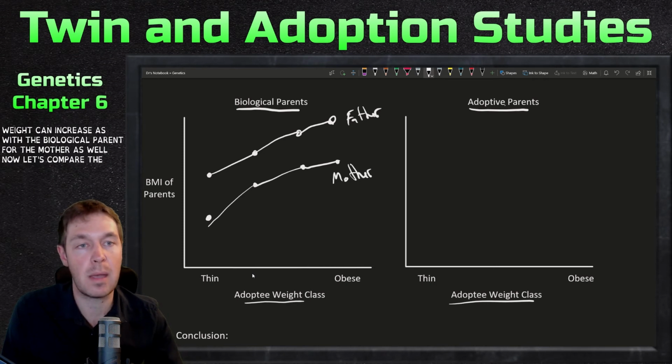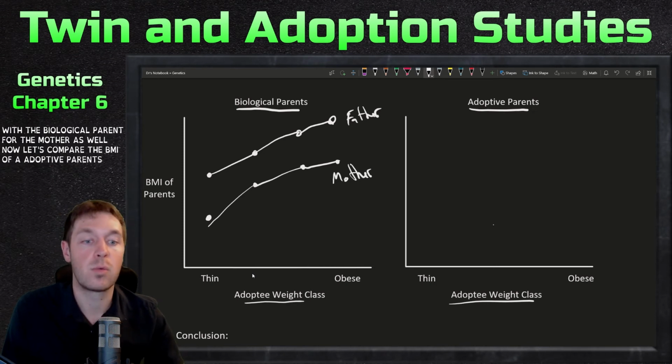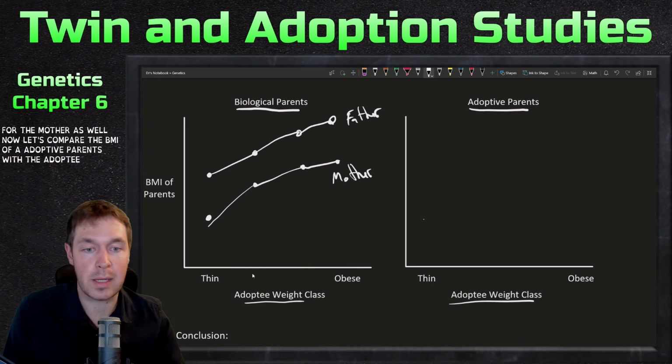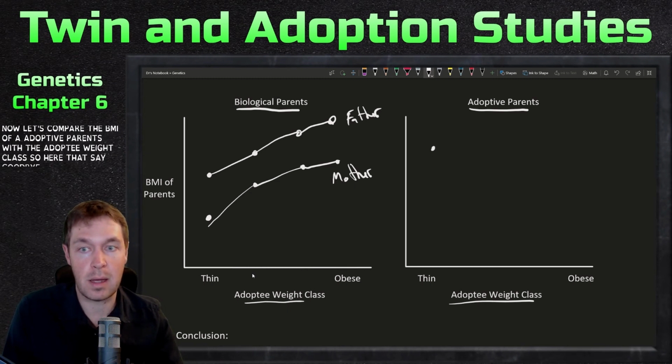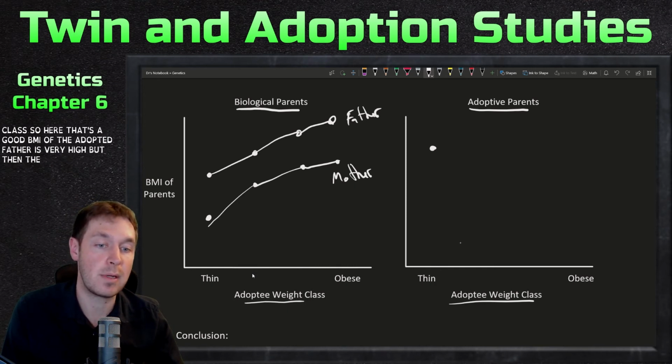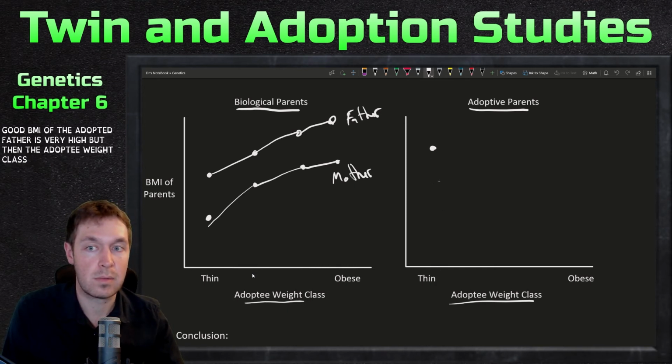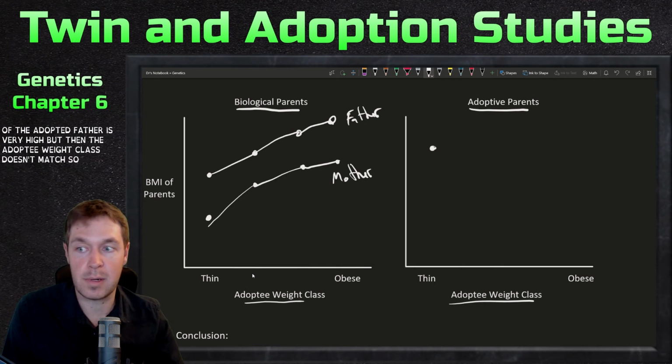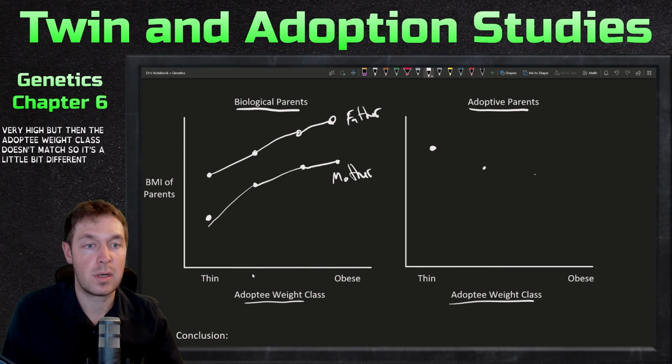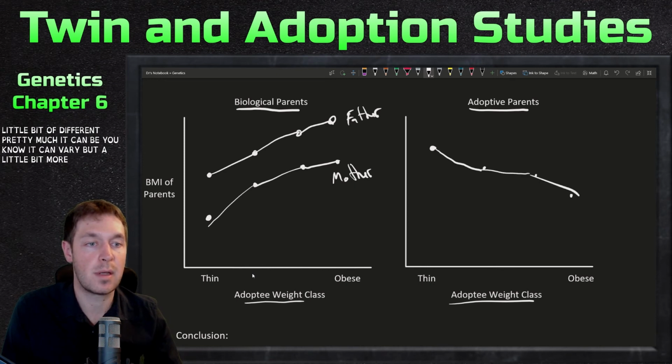Now let's compare the BMI of adoptive parents with the adoptee weight class. Let's say the BMI of the adoptive father is very high, but the adoptee weight class doesn't match. It can vary, but it's a little bit more of an opposite trend here.